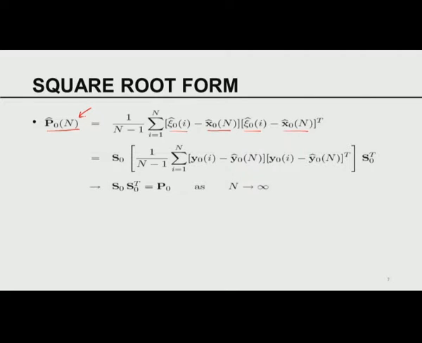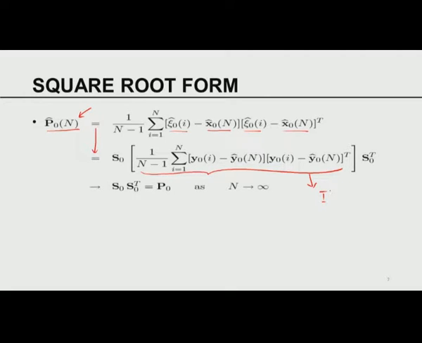Now using the transformation, I can also rewrite line 1 as line 2, and the quantity within the parenthesis as N goes to infinity goes to I. That is because what is the quantity in parenthesis? That is the sample estimate of the covariance of y.